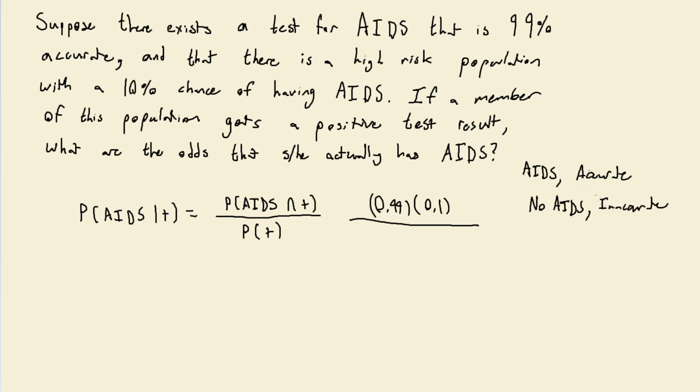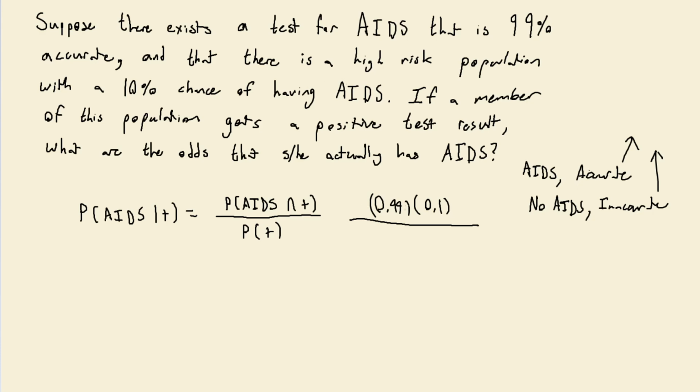And we have to consider both of these possibilities because in both of these situations we will get a positive test result. And so the probability of getting a positive test result is going to be the sum of these two probabilities here. The probability of having AIDS and the test being accurate, and the probability of not having AIDS and the test being inaccurate.